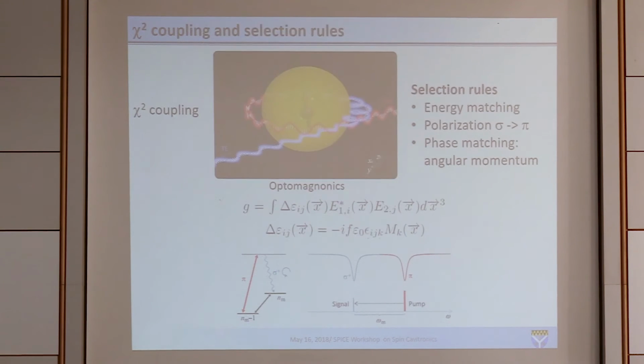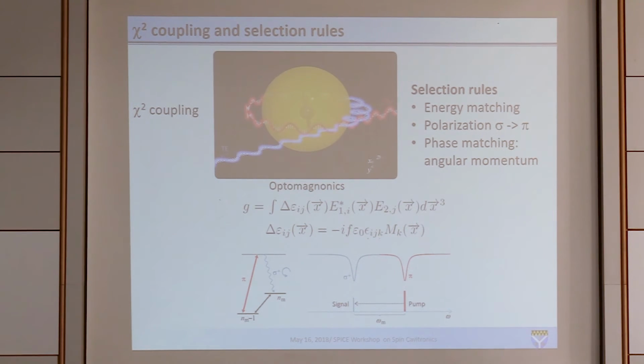And you can realize this 3-wave mixing phase matching condition. That requires your azimuthal mode numbers added together to be 0. You need to satisfy this polarization selection rule.